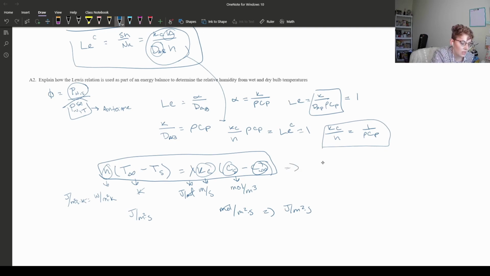So when we rewrite this equation, we have the heat transfer coefficient over the mass transfer coefficient times the difference in our temperatures is equal to the heat of vaporization times the difference in the concentrations. We use this relationship to replace these with our known values, our volumetric heat capacity, to give us this equation.